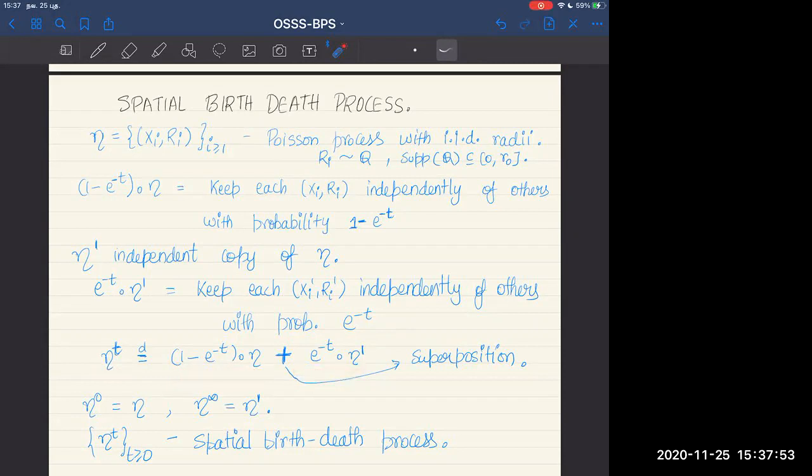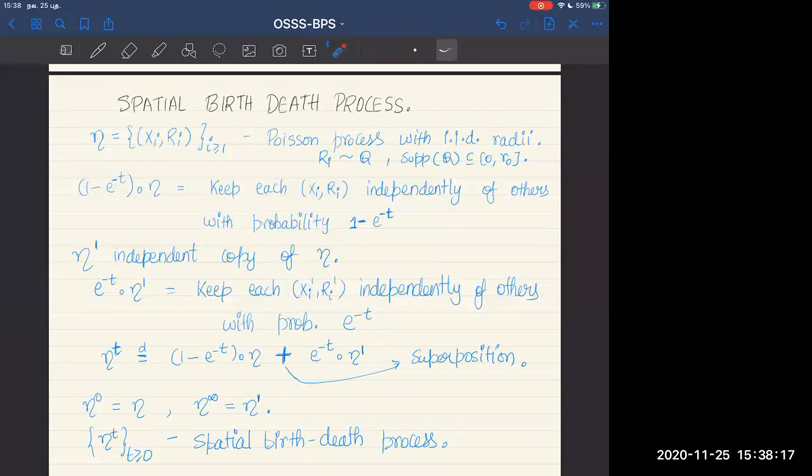That is, you delete points with probability e to the minus t from eta, and you compensate by adding an independent copy thinned with the same e to the minus t.